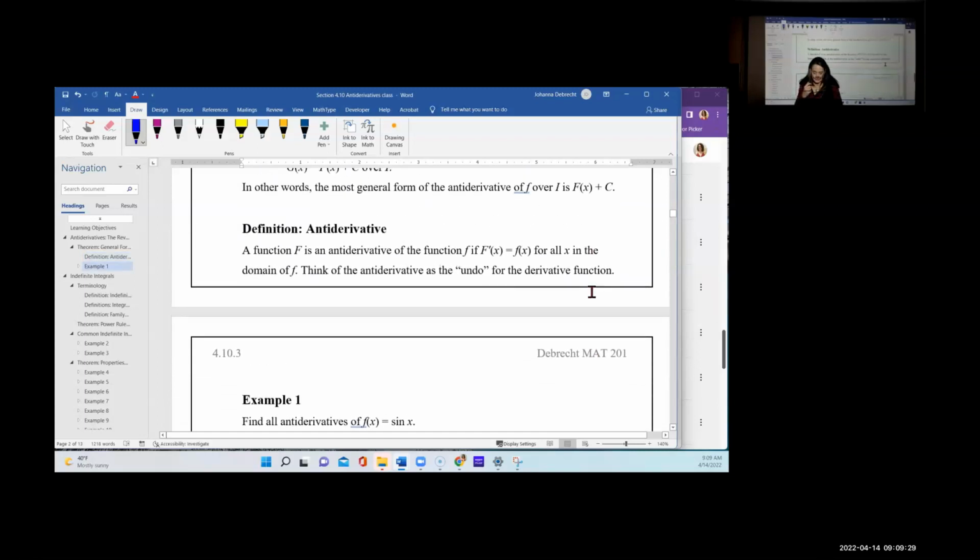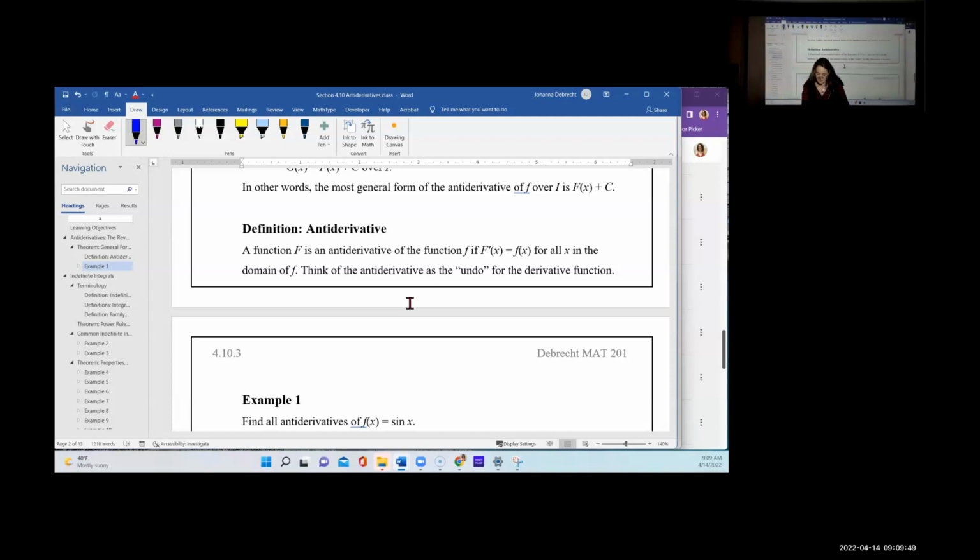Now, the definition of the antiderivative: a function uppercase F is an antiderivative of lowercase f if when you take the derivative of uppercase F, you get lowercase f for all the x in the domain of the function lowercase f.